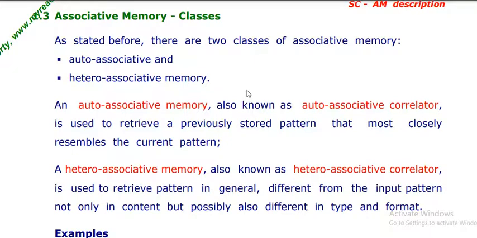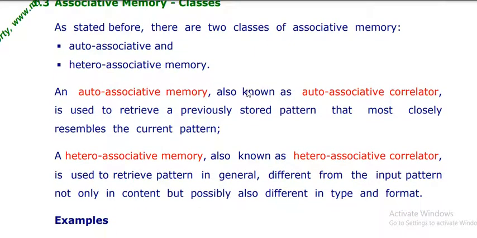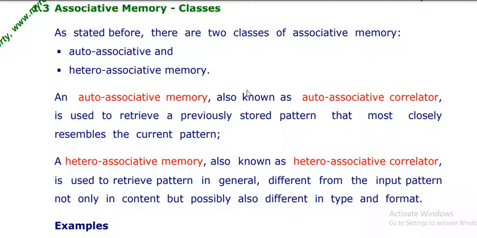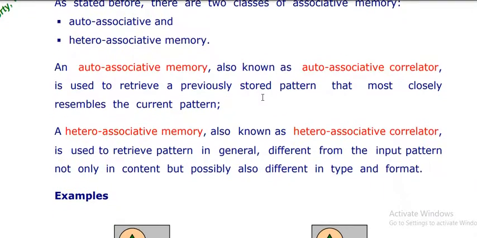Associative memory classes. There are two classes of associative memory: auto-associative memory and hetero-associative memory. An auto-associative memory, also known as an auto-associative correlator, is used to trace a previously stored pattern that most closely resembles the current pattern.